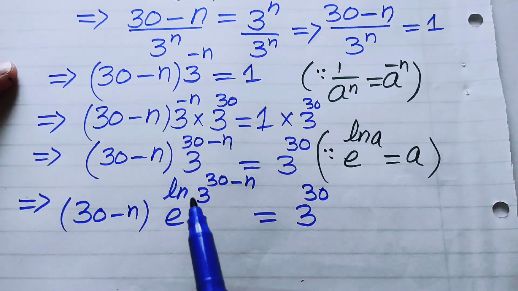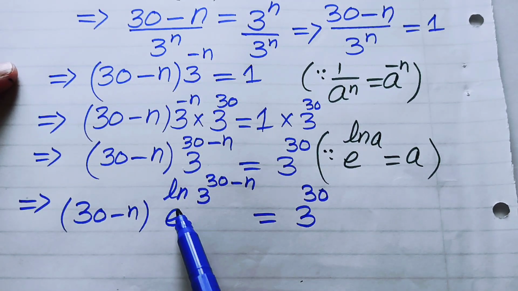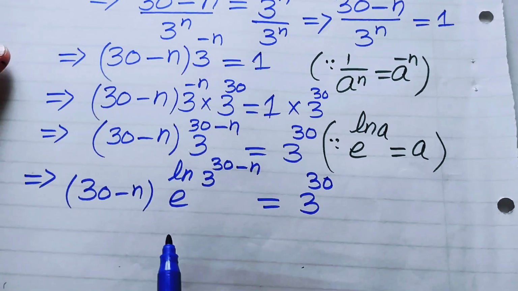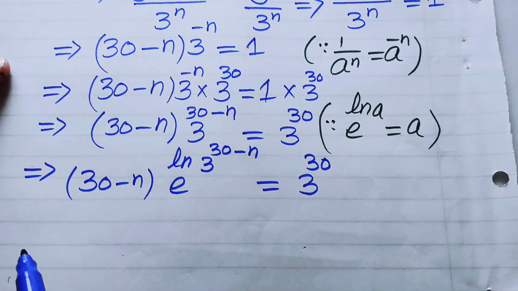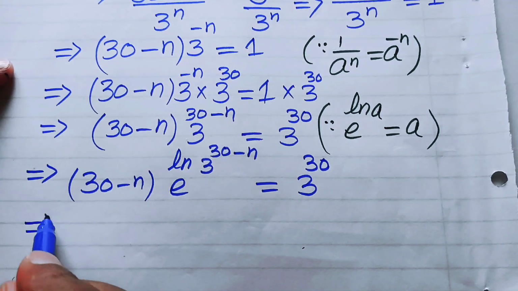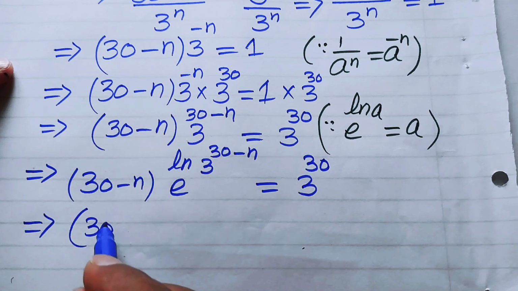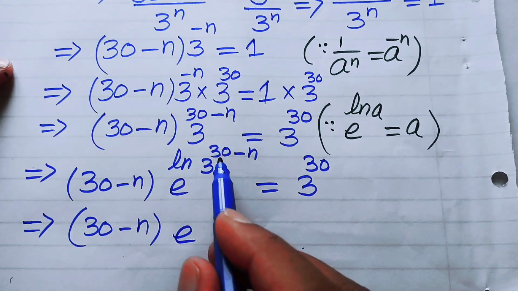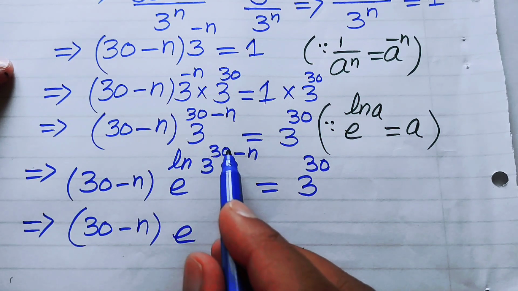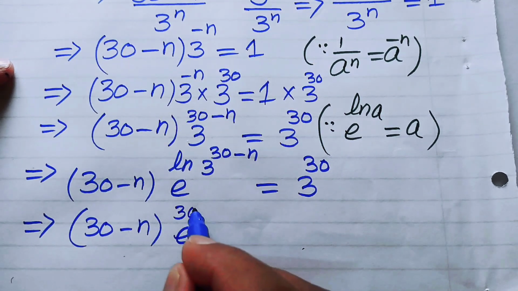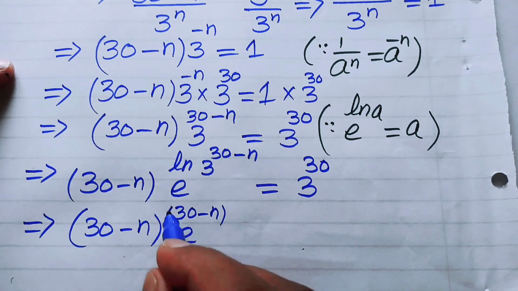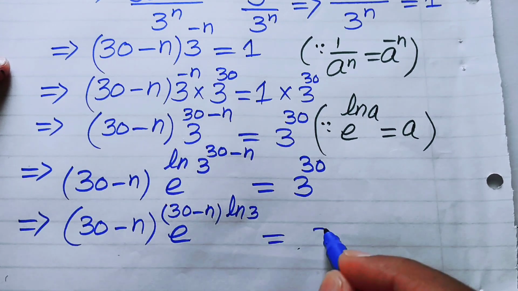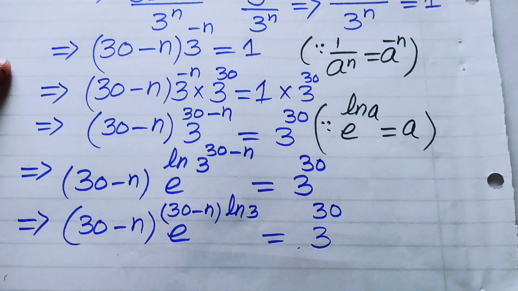Here I just take the log and anti-log at the same time on the term 3 to the power of 30 minus n. After this step we can apply the property of logarithm: we move this exponent to the front of the natural log, and you write 30 minus n times 30 minus n times log 3, and this whole is equal to 3 to the power of 30.